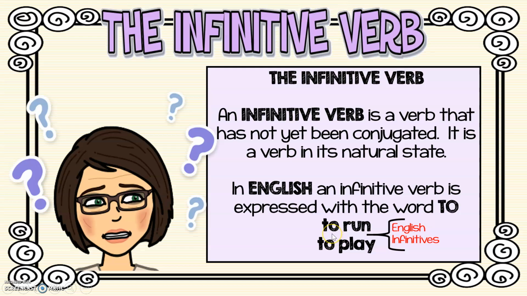So the English infinitive for run is to run, to play. This is what we call an infinitive: to run, to play, to fly, to live. That is a verb that has not yet been conjugated.